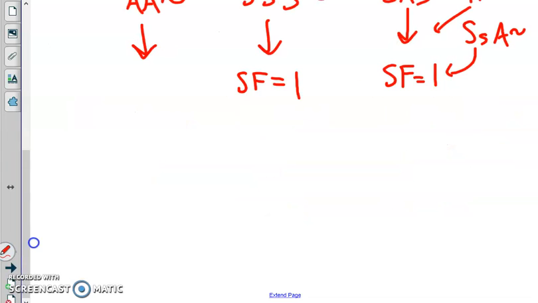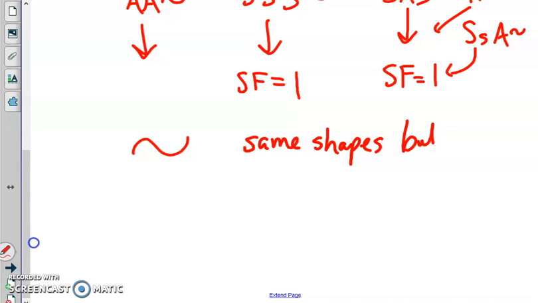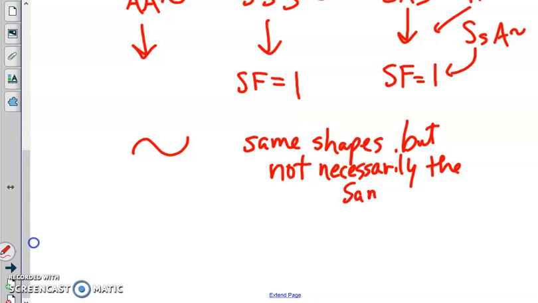Now for similarity, we use this symbol, which means same shape, but not necessarily the same size, but they can be.